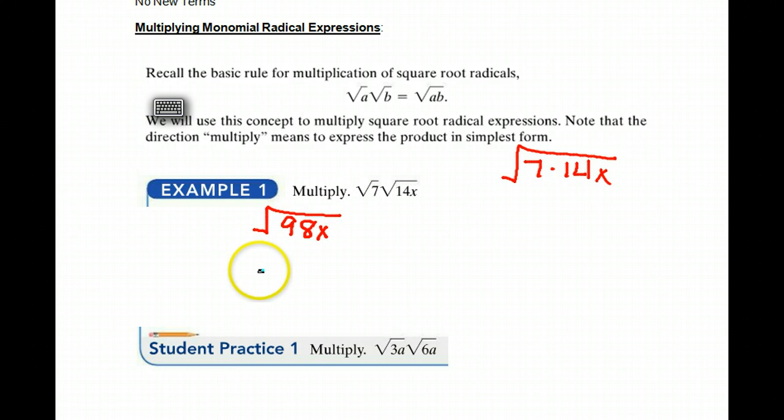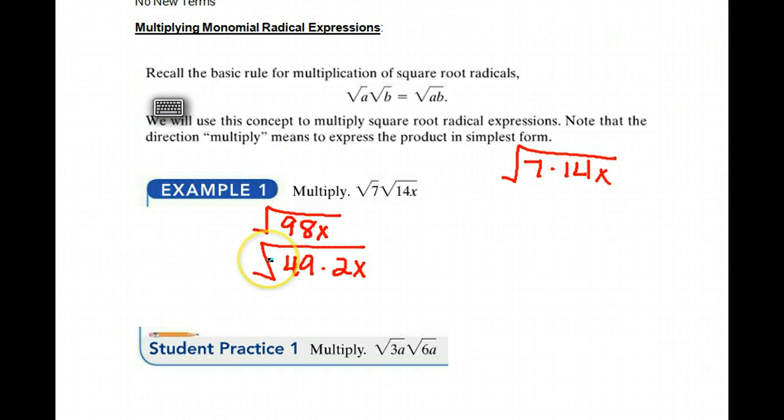And it just so happens that 49 times 2 will make 98. So we're going to go ahead and break 98 into 49 times 2x. We have not changed the value underneath that radical at all. We're just simply splitting 98 into factors that multiply to it, one of which happens to be a perfect square.